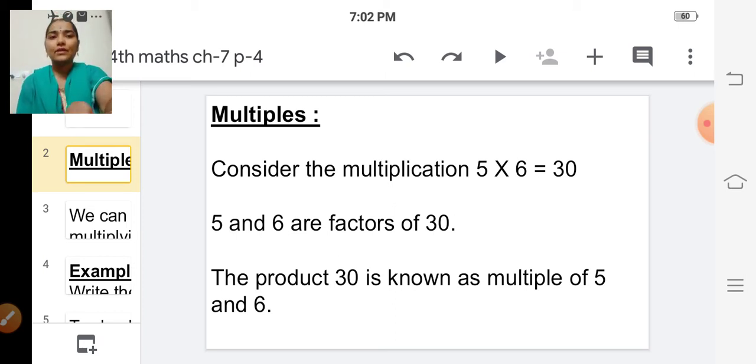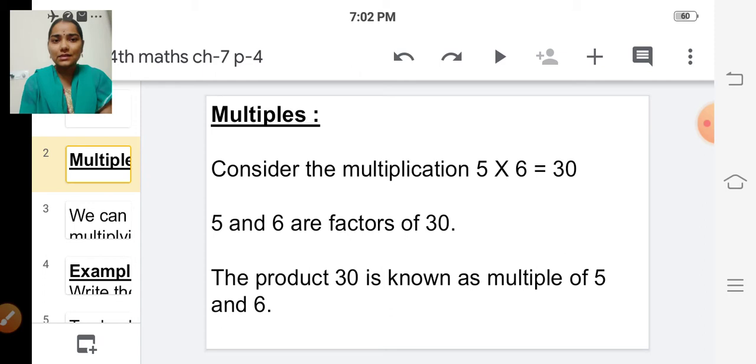See here, consider the multiplication 5 into 6 which is equal to 30. So 5 6s are 30. So 5 and 6 are factors of 30, isn't it? We have learnt these things already. And we know that 30 is the product. So this product is known as the multiple of 5 and 6.